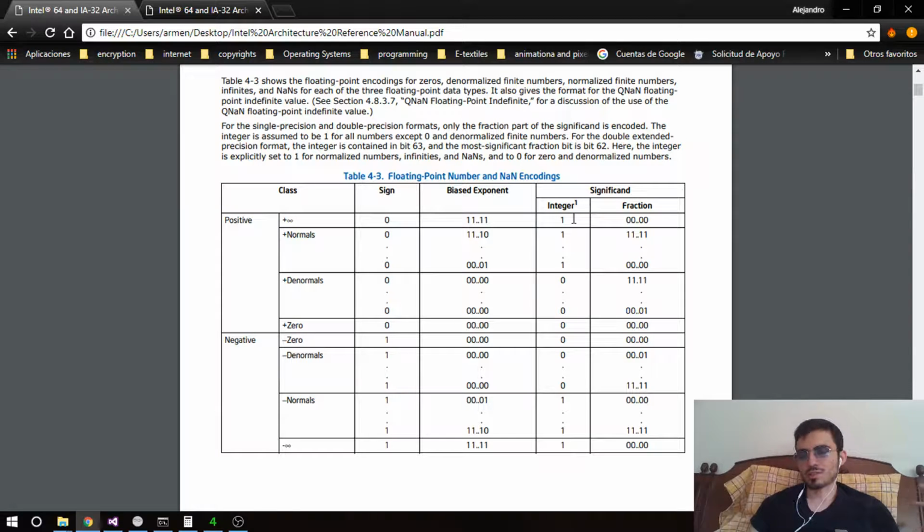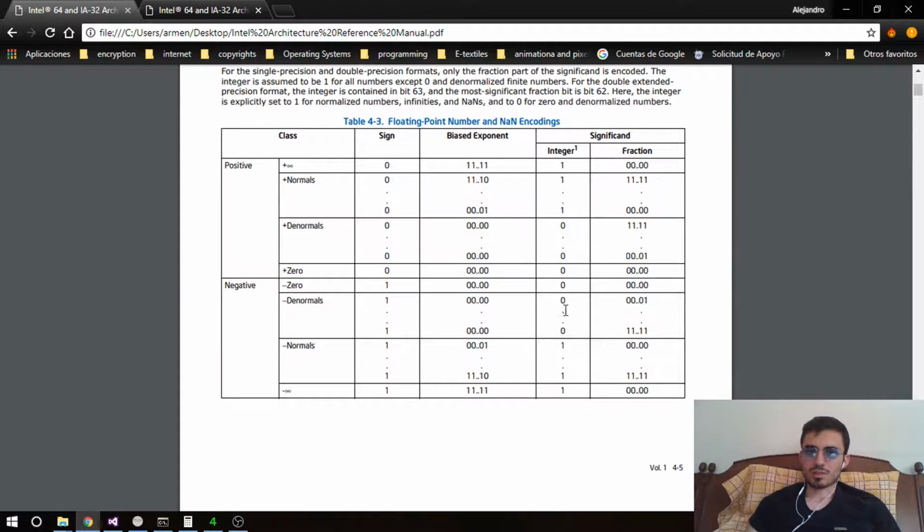For all the others it's going to be set to this value. So it's going to be all 1s, and 0 for the normals for positives, and also for negatives and positives.